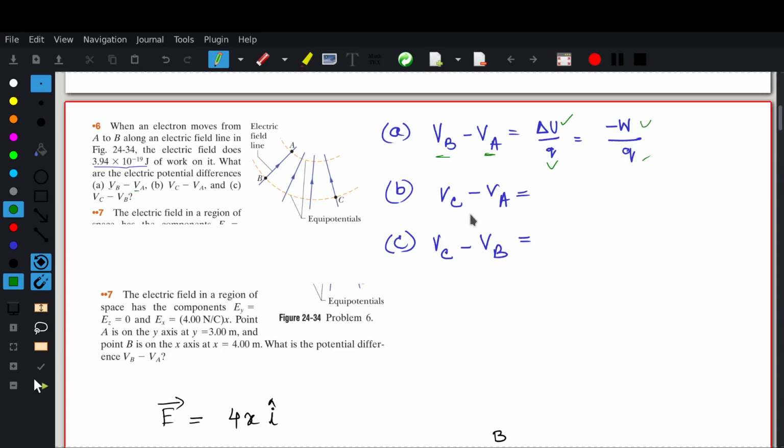Now the second question is, what is the difference between VC and VA? Can you tell me, Ansh, what do you think? What should the difference be between VC and VA? What are you thinking?